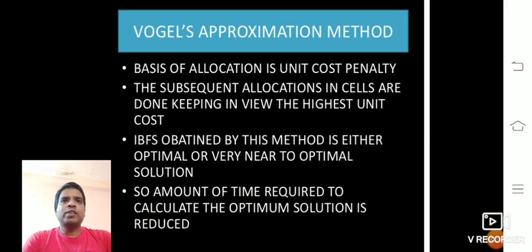Now here in Vogel's approximation method, the allocation process starts by finding the penalties. From this method, the solution that we find is always nearer to the optimum solution.